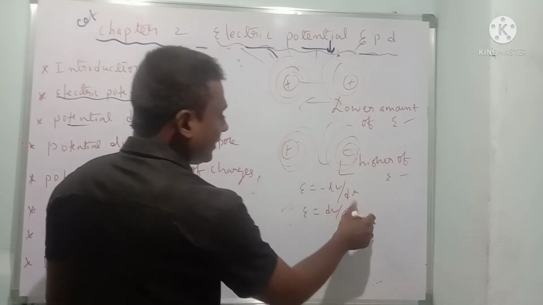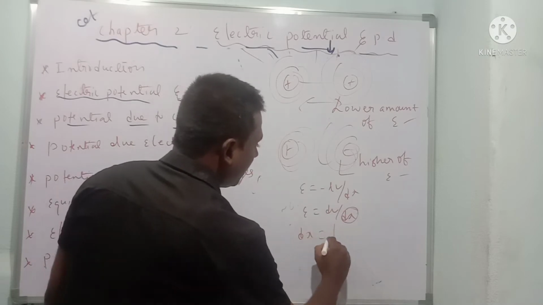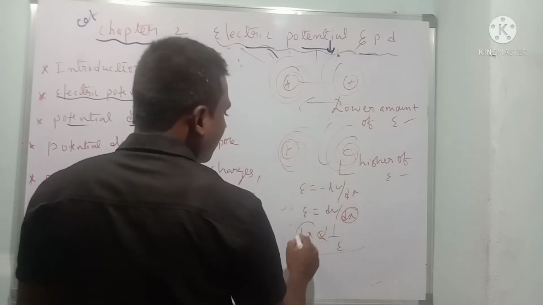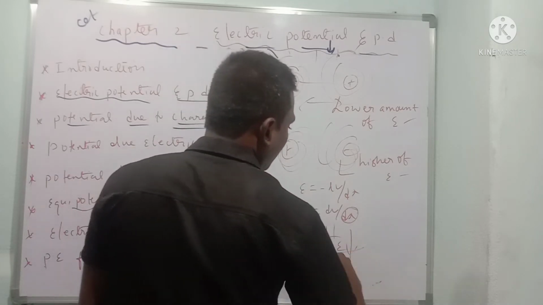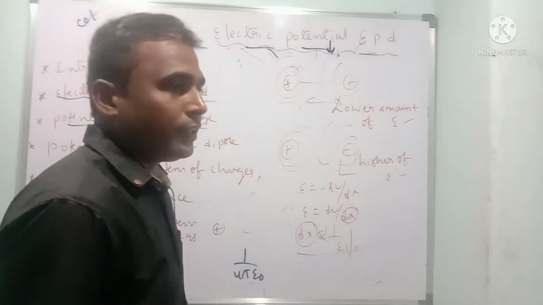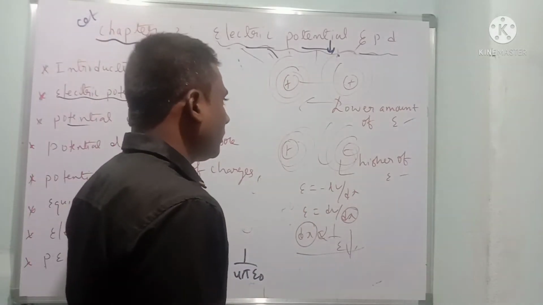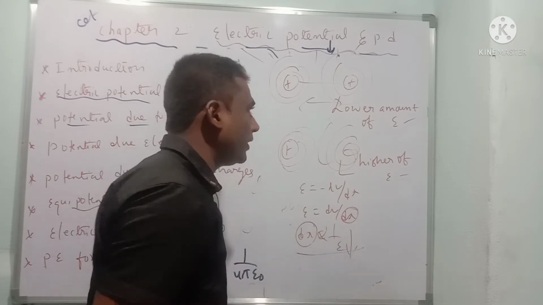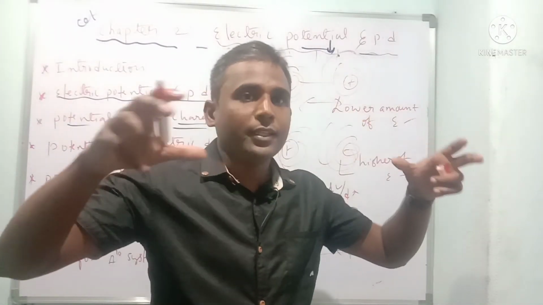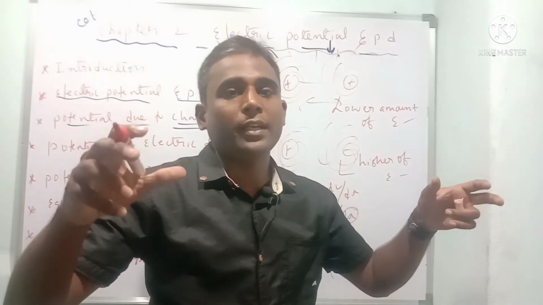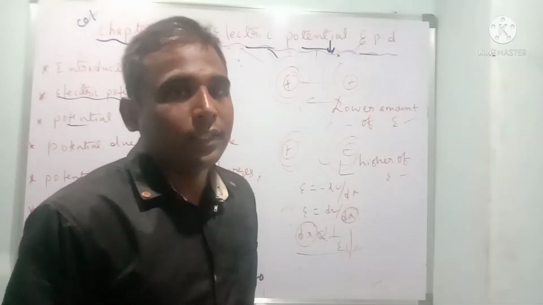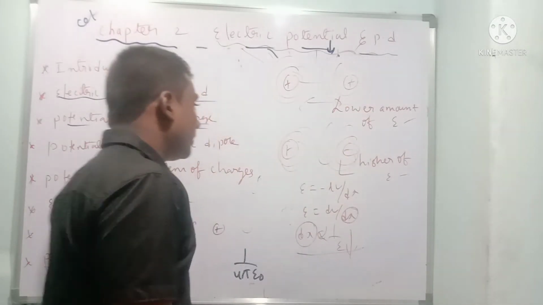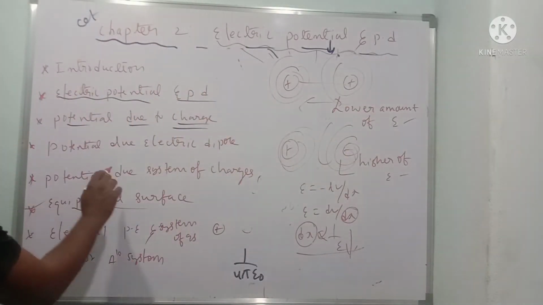So dx is nothing but distance, which is inversely proportional to E. It means what, children? If distance decreases, we get a stronger electric field. If distance increases between the equipotential surfaces, the electric field will be weak. If distance decreases, we have a stronger electric field. So this is all about equipotential surfaces.